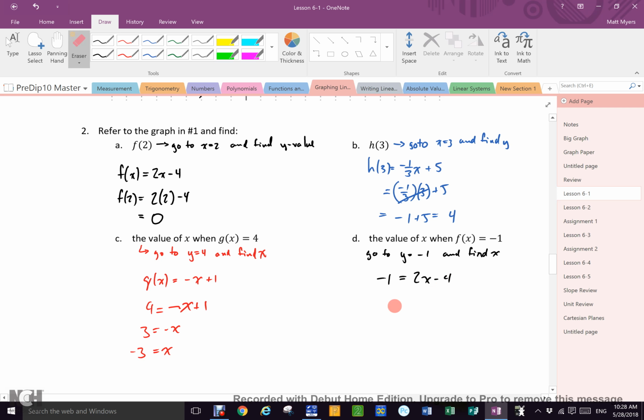Negative 1, and I go out 1.5. There it is. Is everybody good? You can all do this graphically and algebraically. You can all find a slope now. Everyone? All right. We're going to continue on, but this page is your slope practice.